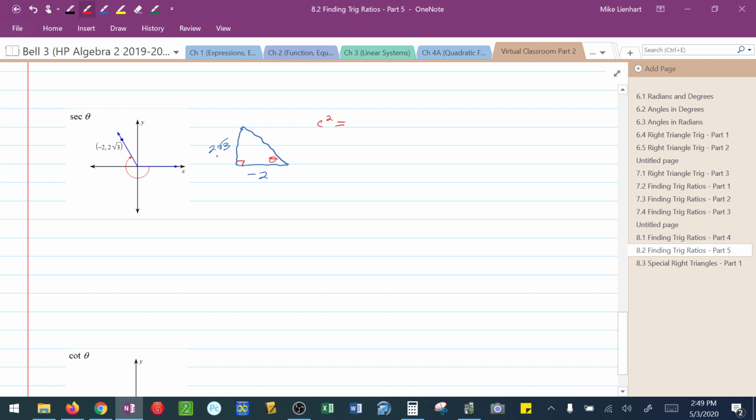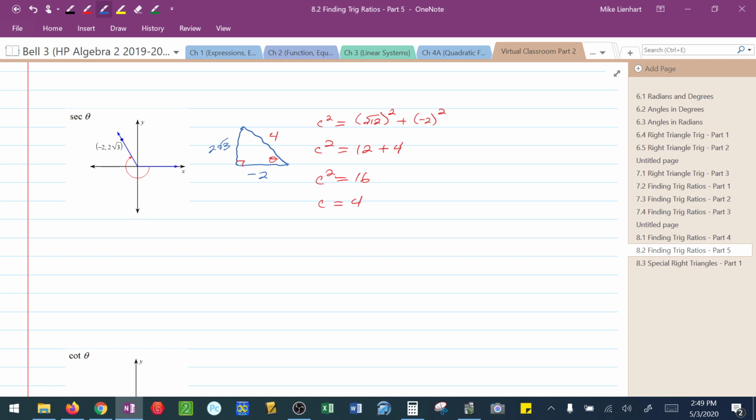Now I'm going to make a little adjustment here. 2 square root of 3 is the same as the square root of 12, squared, plus negative 2, or 2 squared. So c squared will be equal to 12 plus 4. c squared is equal to 16, so c would be 4.